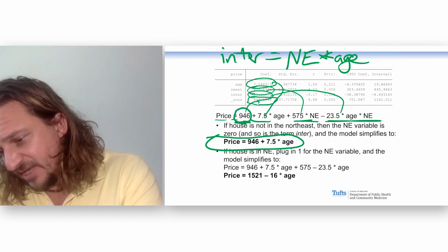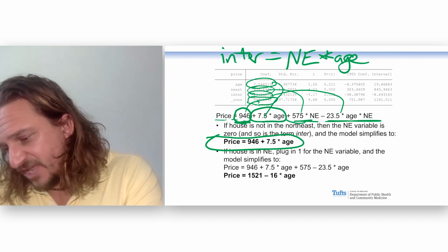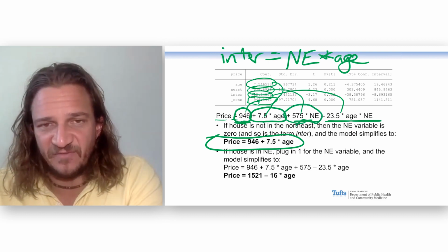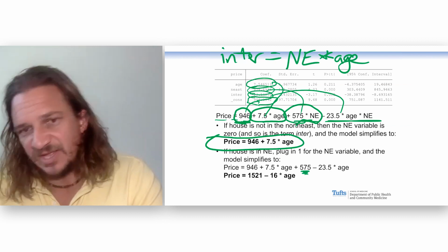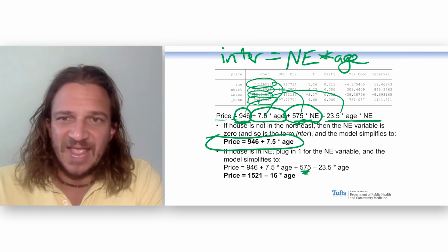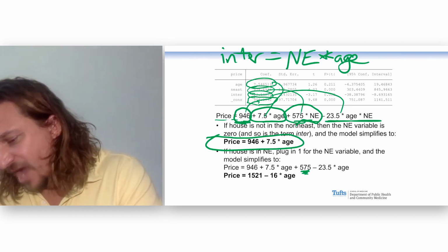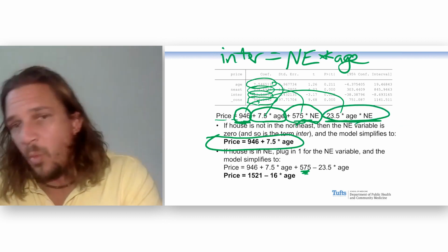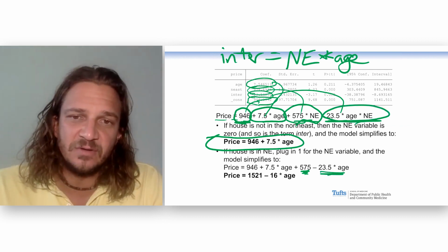We still have 0.75 times age. And now if it is in the northeast, that becomes 575 times 1. So that's down at the bottom here. And if it is in the northeast, this becomes negative 23 times age times 1. So in other words, negative 23 times age.